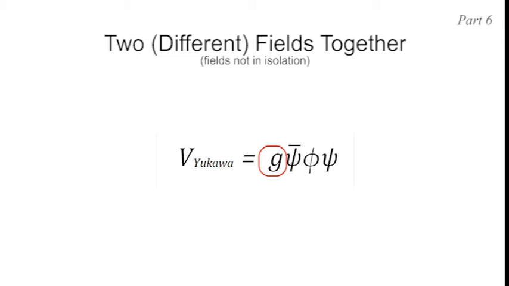Let's face it, we have a lot of different types of fermion fields, various quark fields, various lepton fields, so they'll probably each couple differently to any particular scalar field. The coupling constant G is a measure of how strongly the two fields couple together, and it can be measured for various pairs of particles from the way they interact with one another.